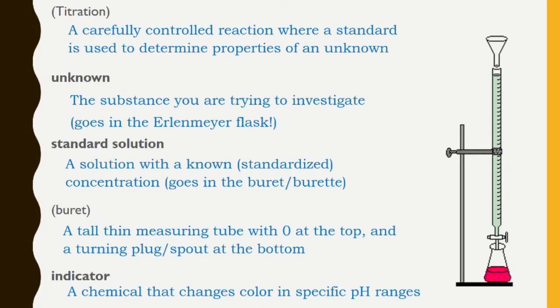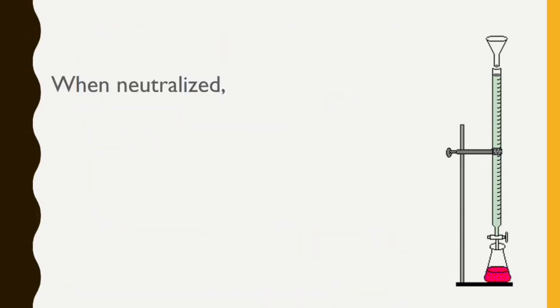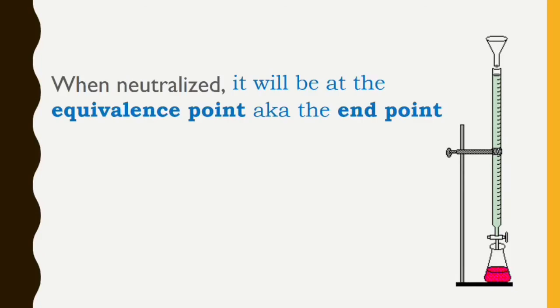But the whole point of this is to keep adding our acid or base, whatever our standard is, into the unknown until we see that color change. And that color is going to generally change when our acid and our base have neutralized each other. And when we are neutralized, we've reached the end point. We're done as soon as that color changes, so that's the end point sometimes.